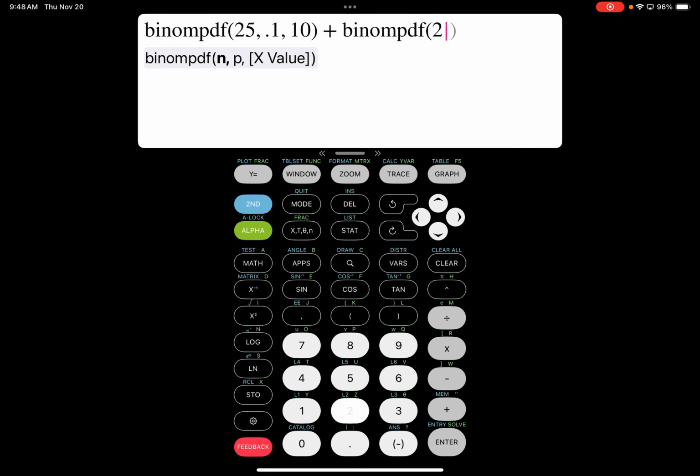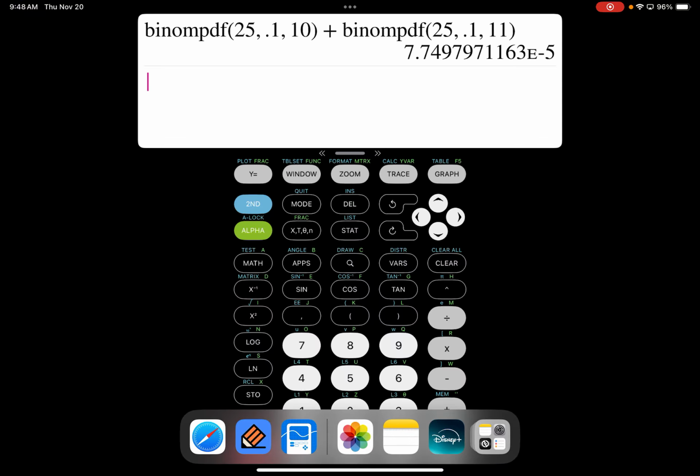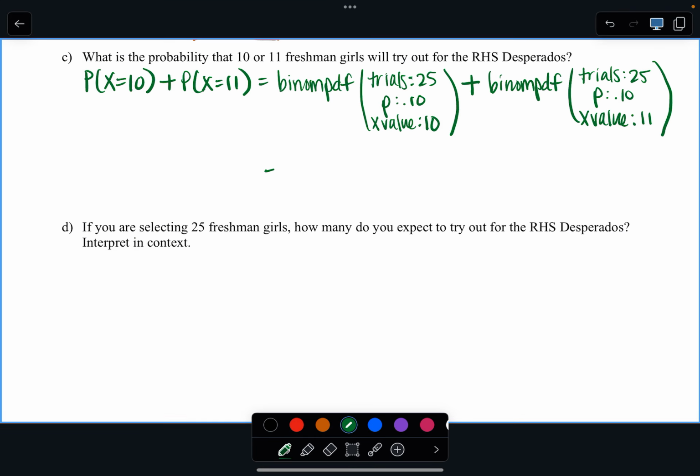Binomial PDF 25, 0.10, 11. It's another one of those where I'm getting a whole number, so you have to pay attention to the numbers at the end. This actually is a 7.7, which when I write my last digit, I'm going to round it to an 8. So it's going to be 0.00008.